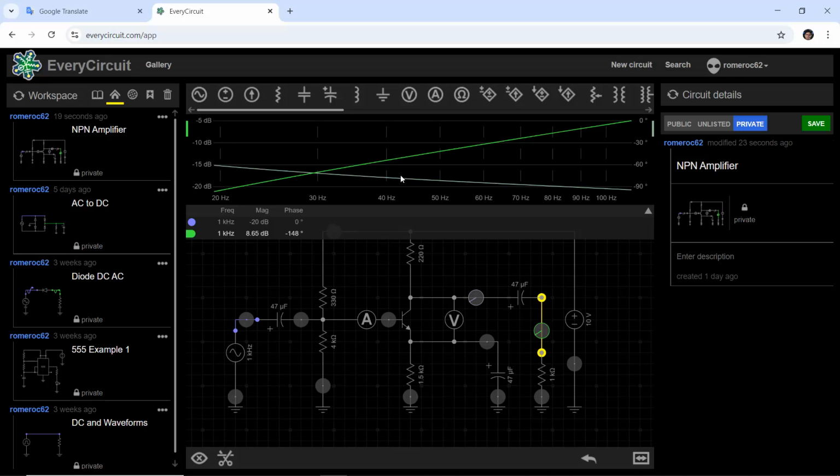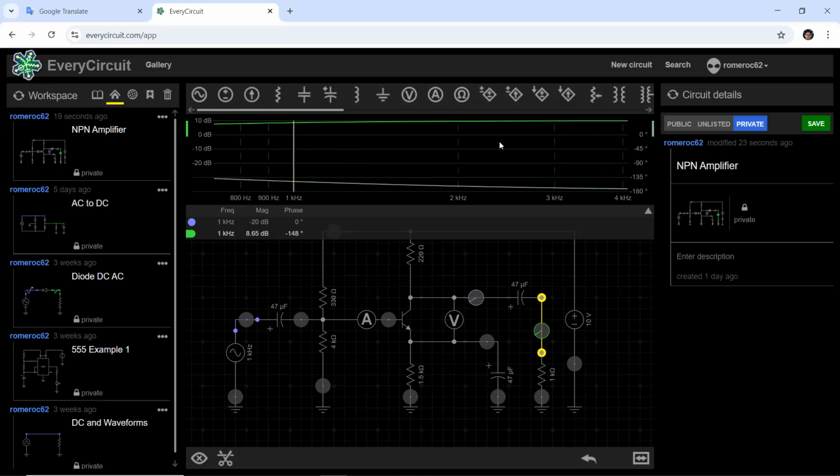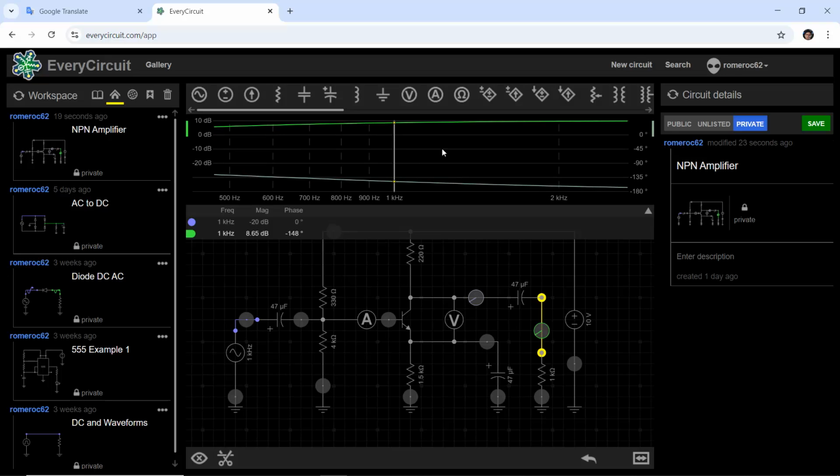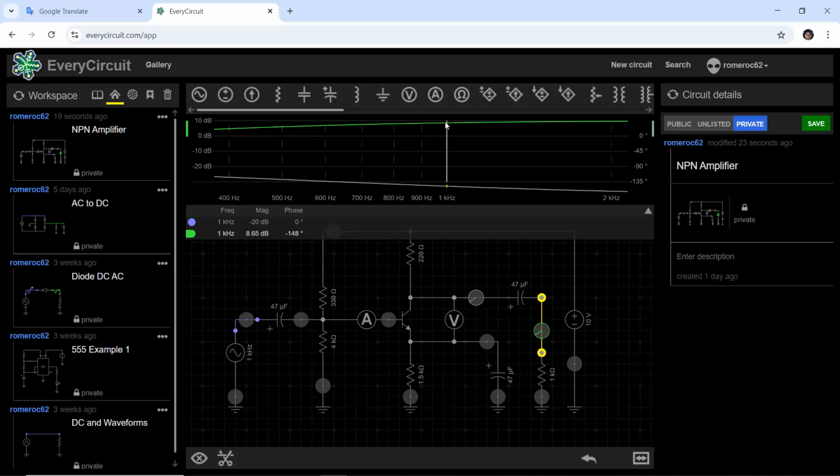This circuit is very good. This amplifier is very good for frequencies equal or higher than 1 kilohertz.